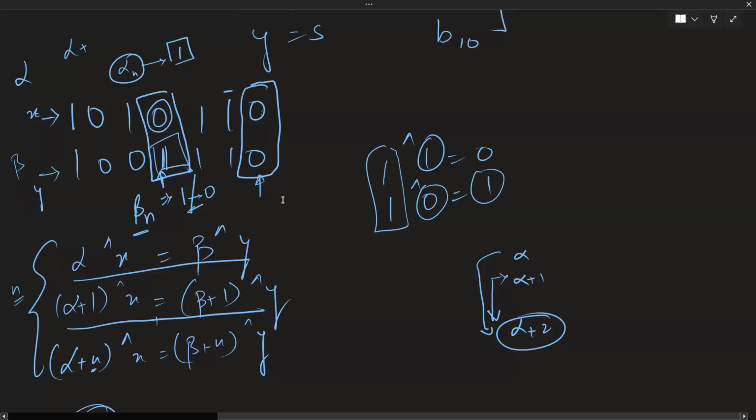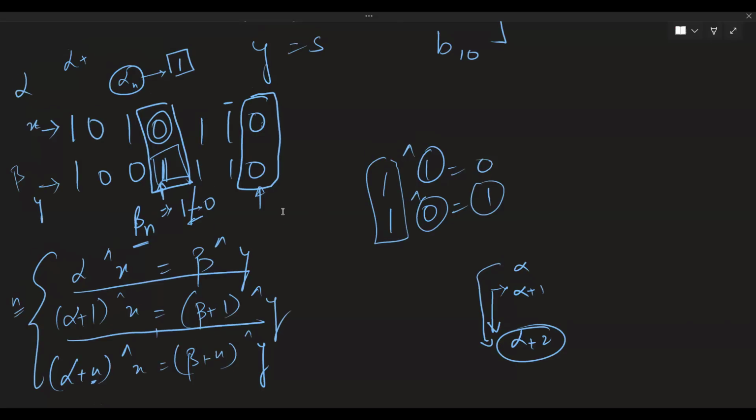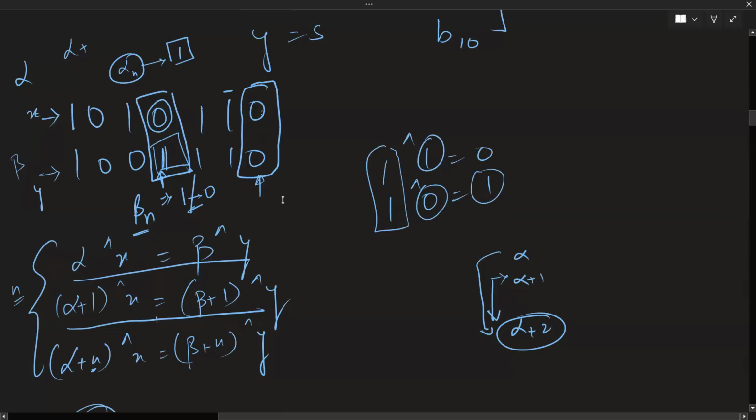So the first place at which your bits are different, that is the first place at which you have these bits as different. You will start to see discrepancies. How? Before this point, you will try to have all the things same.